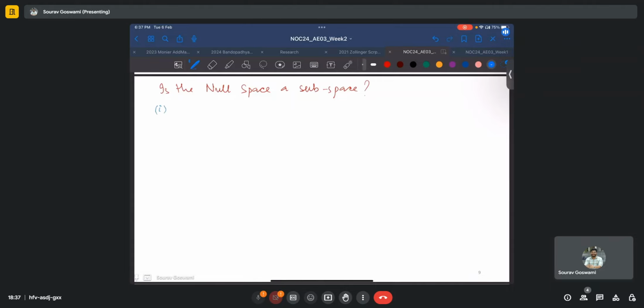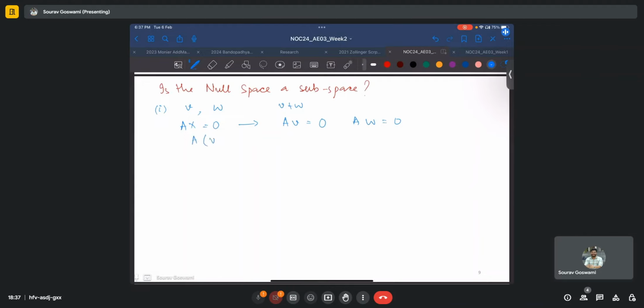The first condition is that if V and W lie in the subspace, then the combination V plus W must also lie in it. So if V and W lie in the null space, then by definition of null space, AV equals 0 and AW equals 0.